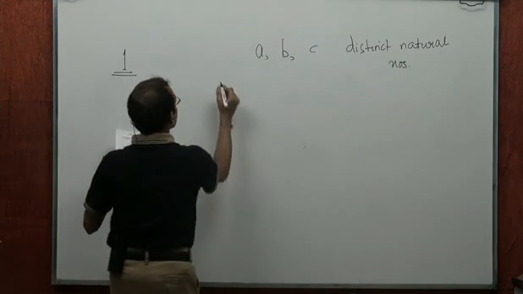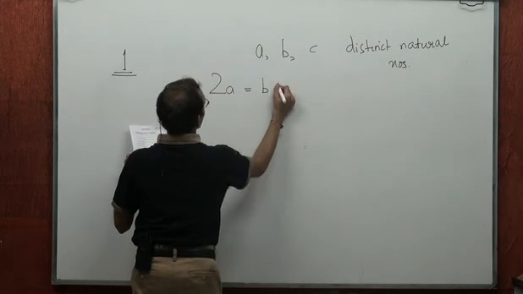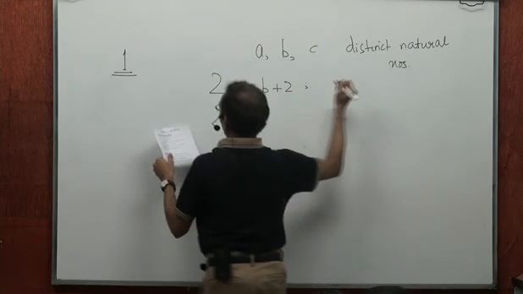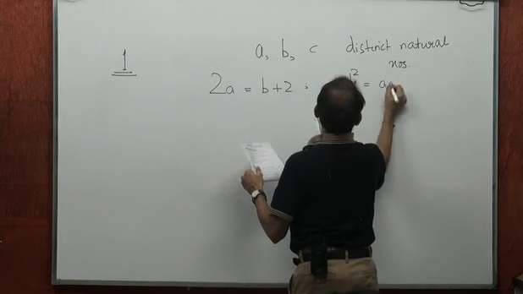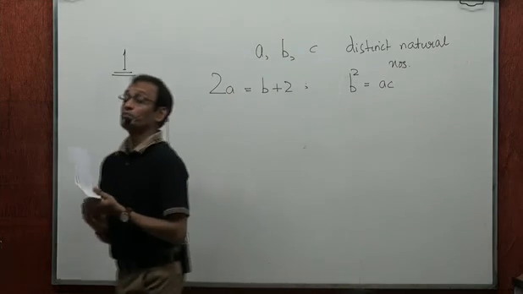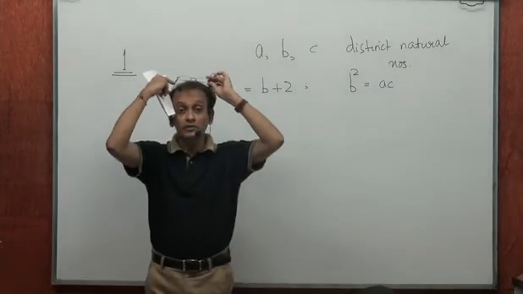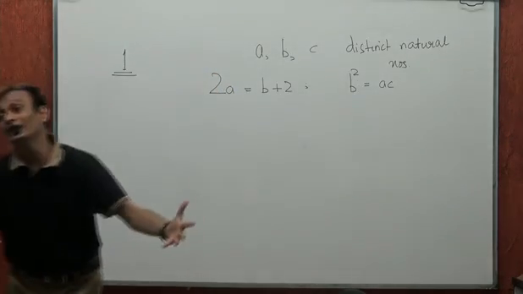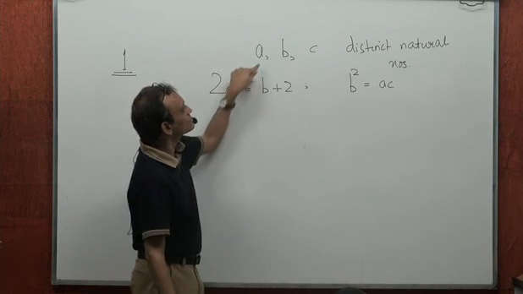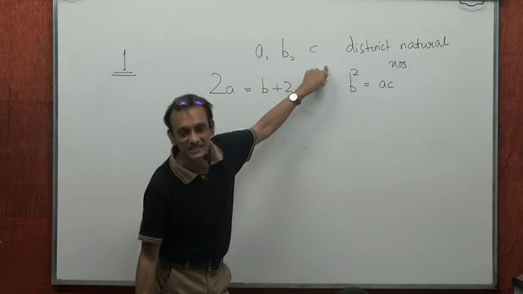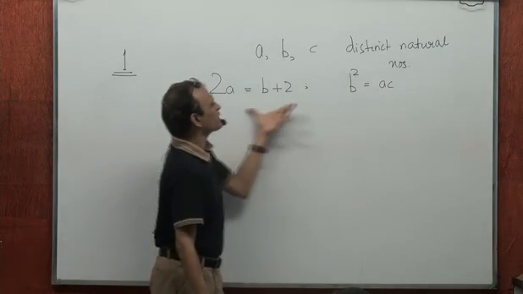One is 2a is b plus 2 and b squared is ac. And I want to find the values of a, b and c, or at least evaluate if a, b, c are obtainable, and if at all they are natural number values of a, b, c commensurate with these conditions, also enjoying distinctness, a, b, c being distinct natural numbers.